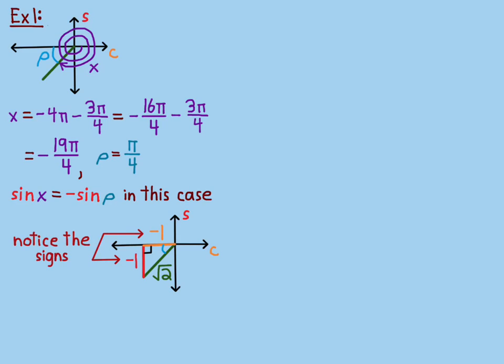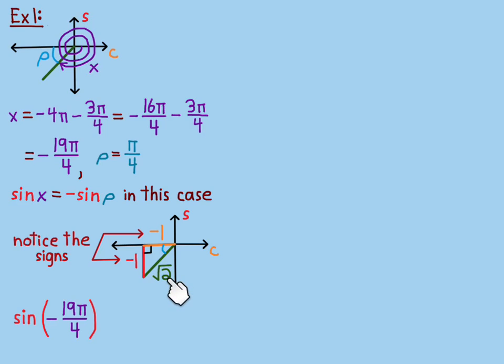Okay, so that's the trick I like to use, rather than memorizing which quadrant you get sine of rho and which quadrant you get negative sine of rho and all that junk. To me, this just seems a lot easier. So the sine of this angle, negative 19 pi over 4, sine is the opposite side from the angle over hypotenuse.